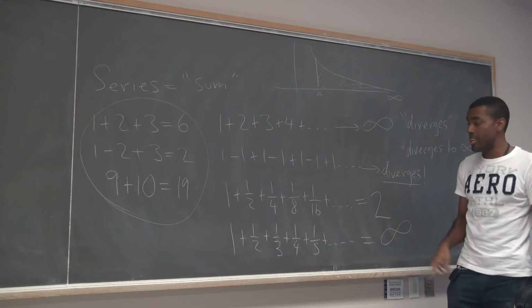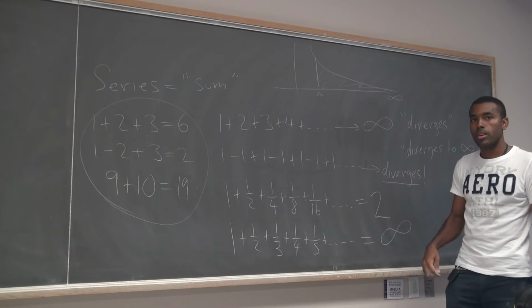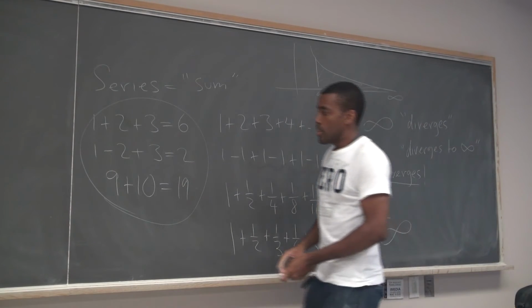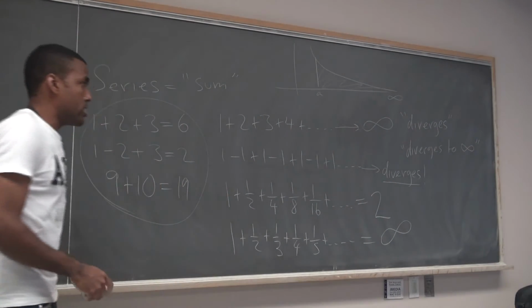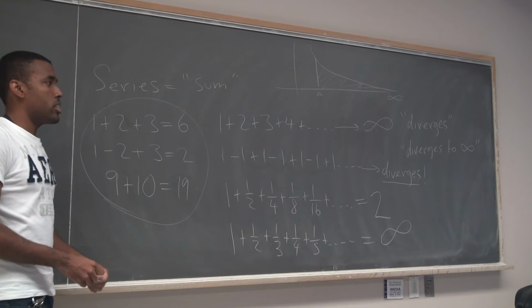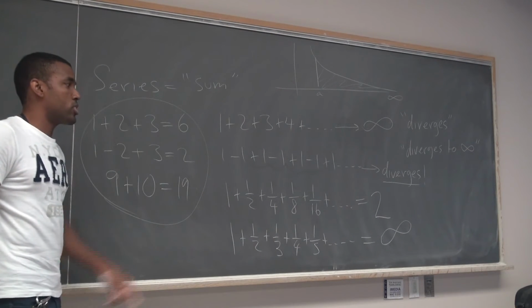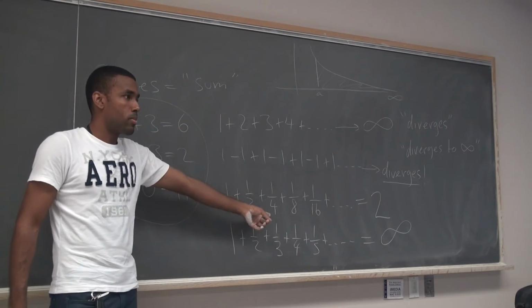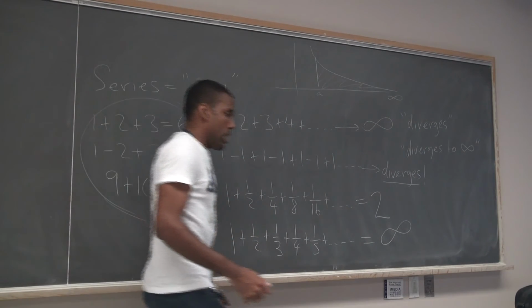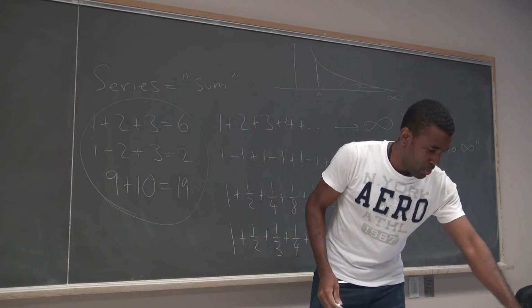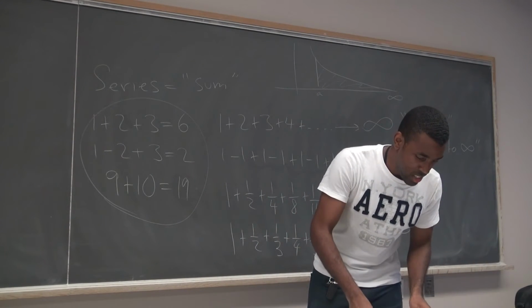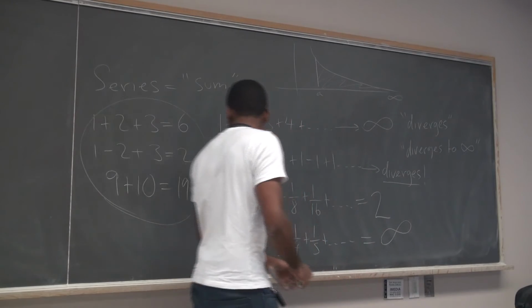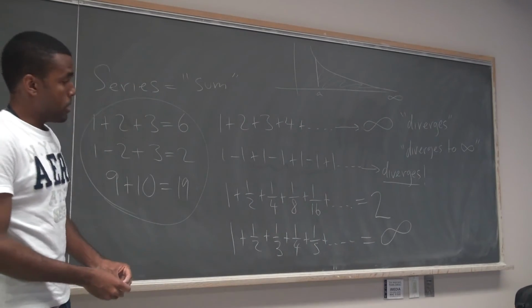This one goes to infinity, that one actually adds up to something. Hence the study of infinite series. It's very important for us to know when a sum diverges and when it converges. It will help us with more than I can explain in Calculus 3. Series are an insanely important topic in mathematics.